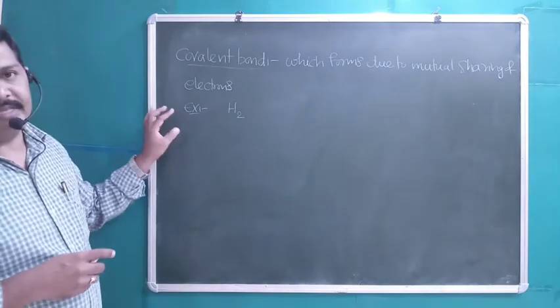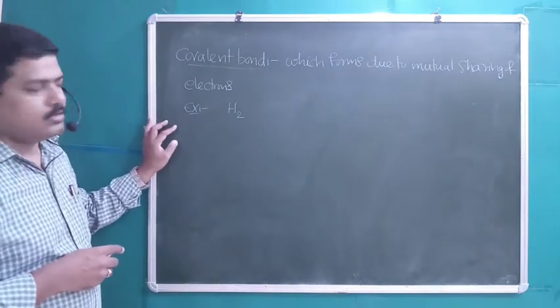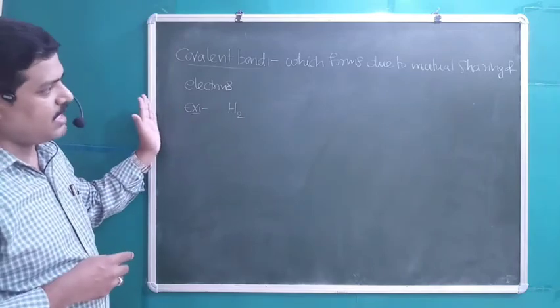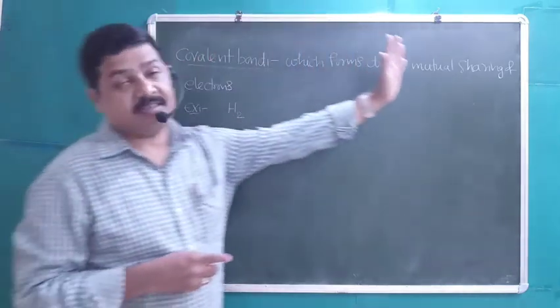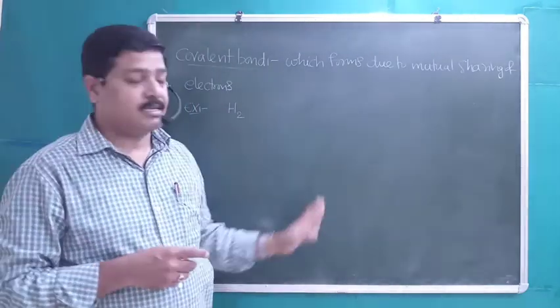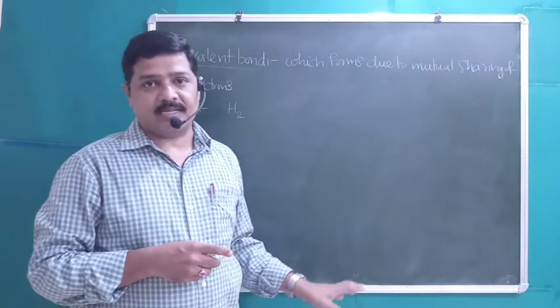Earlier we discussed the octet rule. The atoms of group 18, the elements in the last column of the periodic table, are chemically inert.